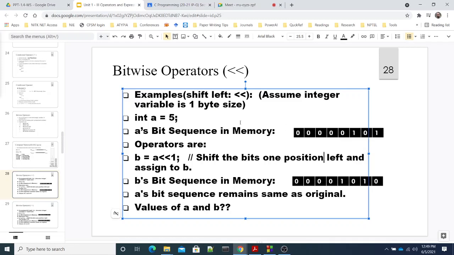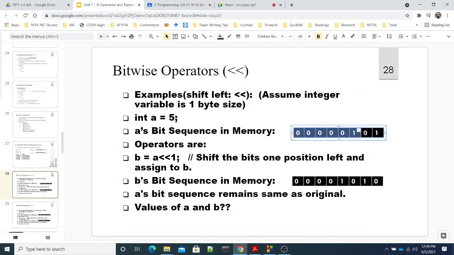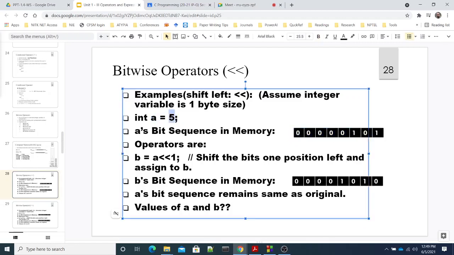The concept is the same. Now I have a variable int a is equal to 5, and the binary sequence of 5 is this. Assuming there are only 8 bits, the binary equivalent of 5 is 5 zeros followed by 101. If it was 16 bits, there would be 8 more zeros on the left side.